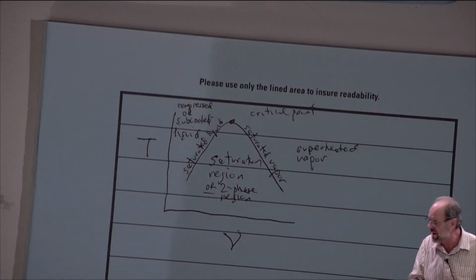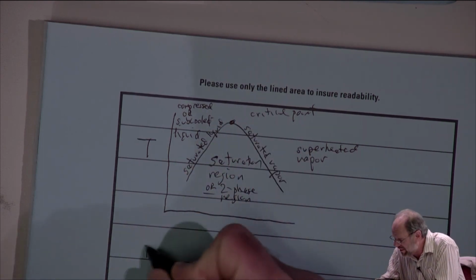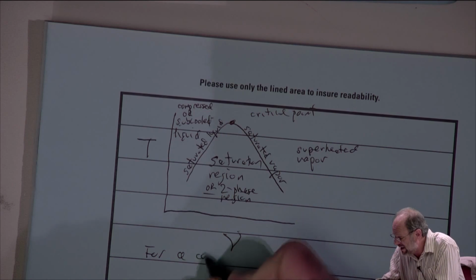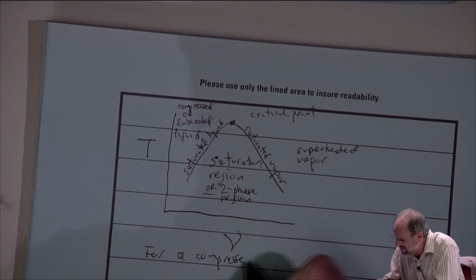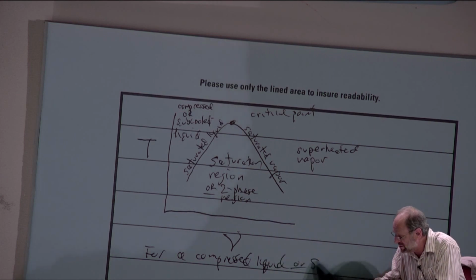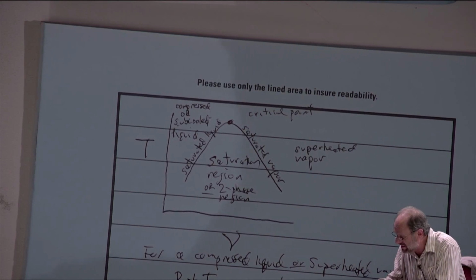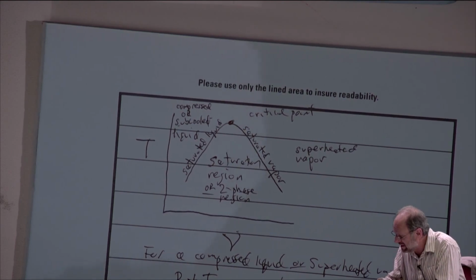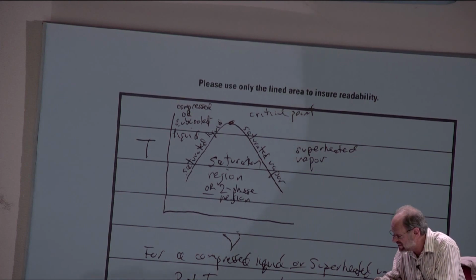They don't depend upon the quantity, and they're both independent as long as we're outside of this saturation region. So for a compressed liquid or a superheated vapor, pressure and temperature are independent and intensive properties.